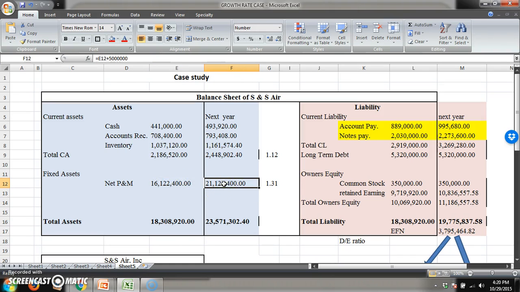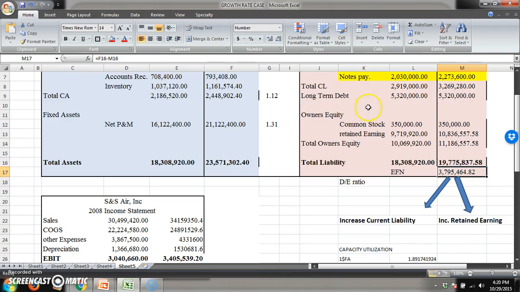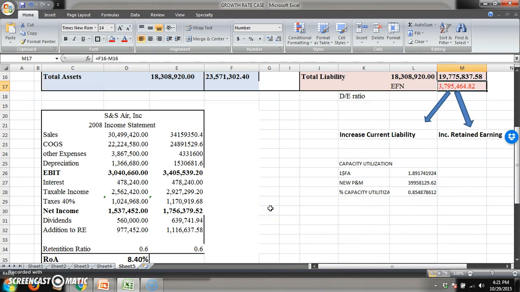So now we have the earlier level of assets to be this much, the new level of assets is this much. Accordingly, we can see here that the amount of financing which we need is approximately $3.8 million.